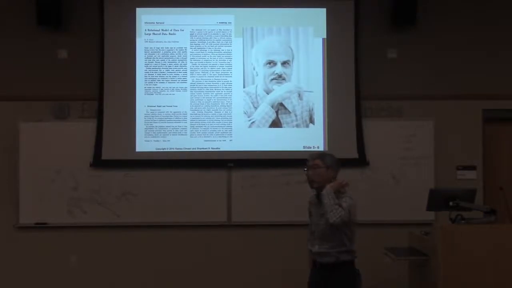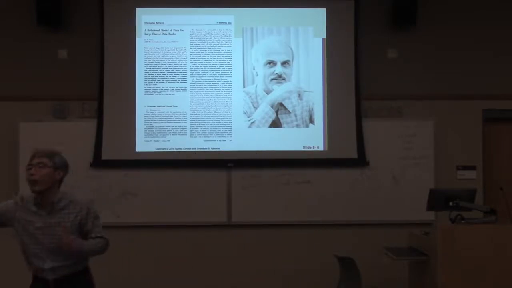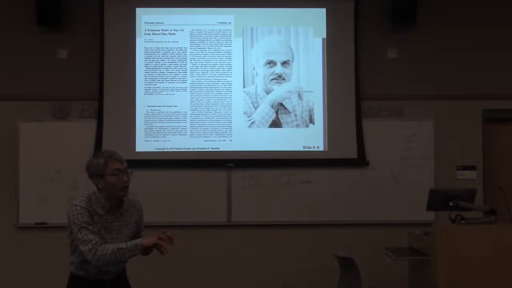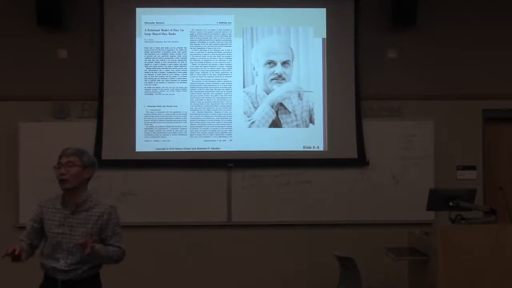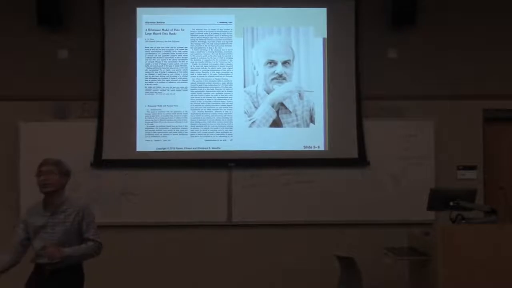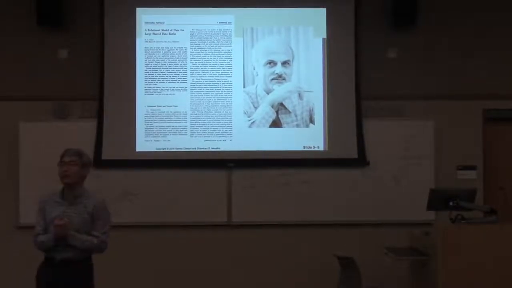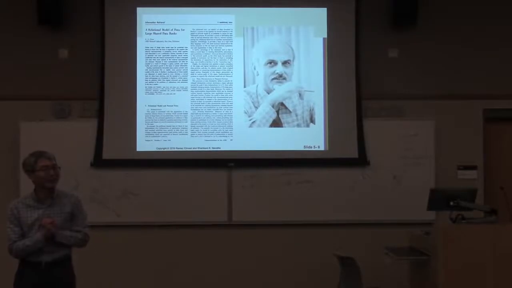This paper is the most cited. Citation means another paper used this paper in their references. So the more times the paper is cited, it's a better paper. This is the most cited paper in the computer science area.